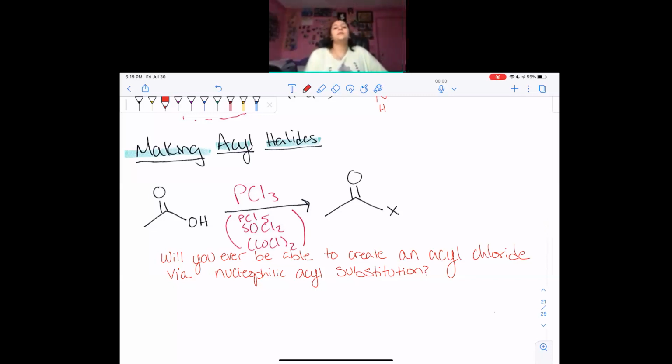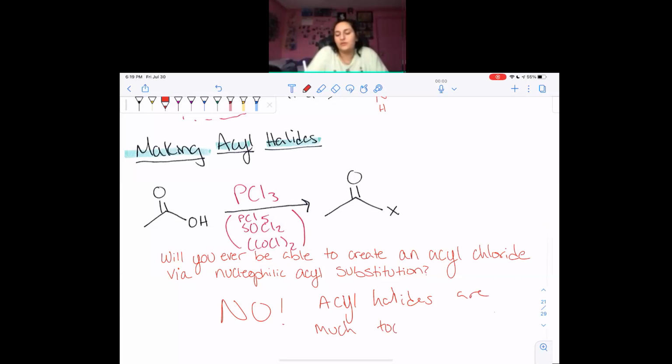And you will not ever be able to create an acid halide via nucleophilic acyl substitution. The reason is because acyl halides are much too reactive. You can't make them through nucleophilic substitution. They don't want to do that at all.